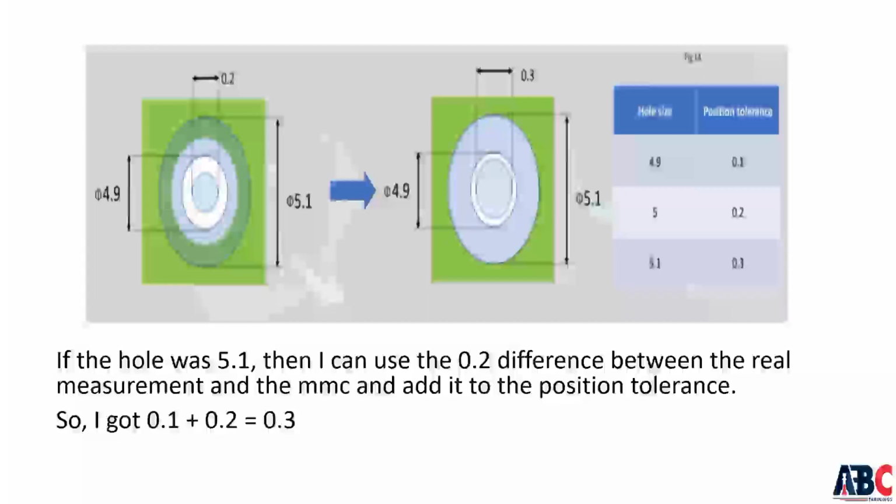The MMC can also be applied to the size of the datum feature by adding the M symbol to the feature control frame. This way, the datum feature size has to be at its maximum material condition in order for the geometric tolerance to be valid.